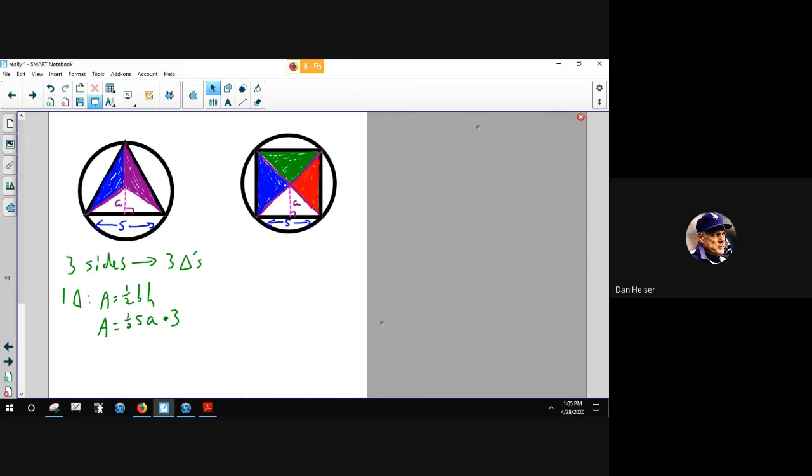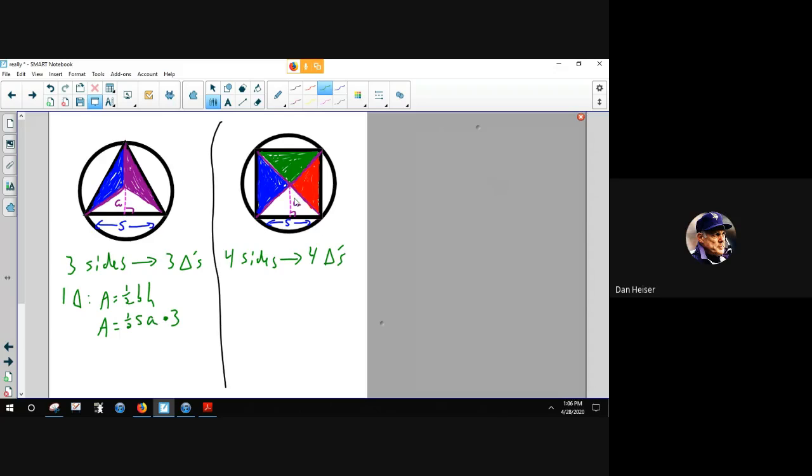Moving on to the square. And yes, we know how to find the area of a square, but for the purposes of establishing a pattern, let's look at it from a regular polygon perspective. We have 4 sides, which I have split into 4 triangles. 1, 2, 3, and then this 4th one.